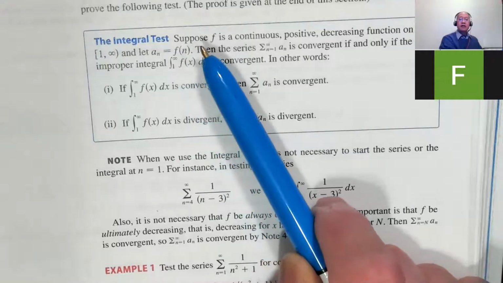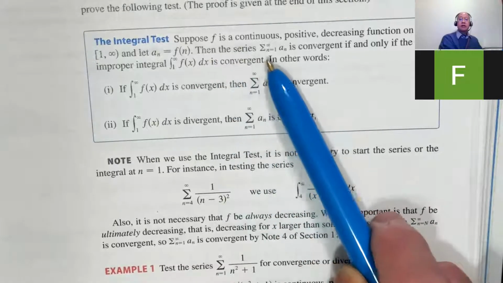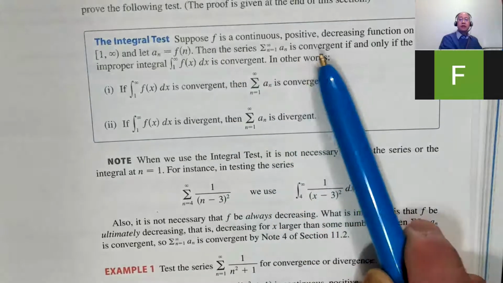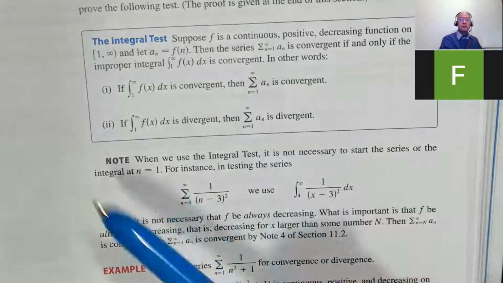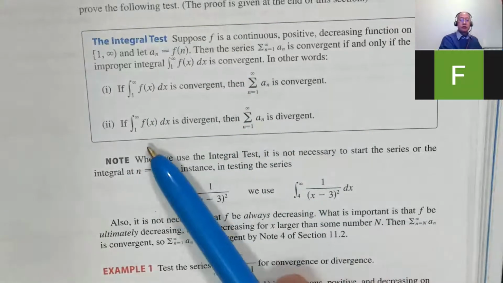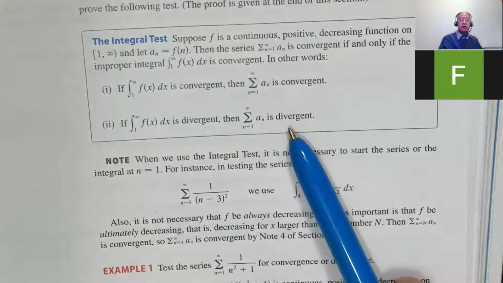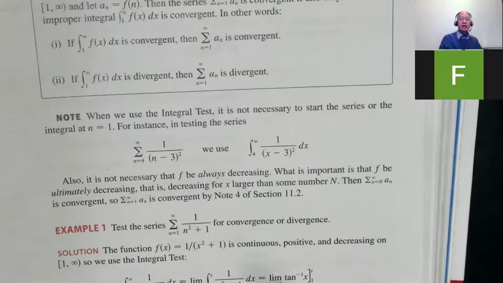We're essentially changing the problem into an integral. I look at this series and say, let me integrate the corresponding function. The series is convergent if and only if the improper integral is convergent. Okay? In other words, if the integral converges, the series converges. If the integral diverges, the series also diverges. And they have the extra note there.